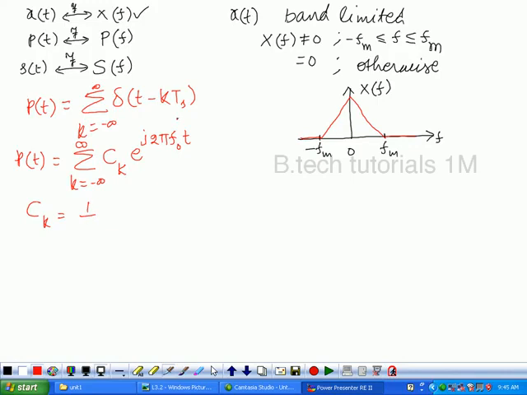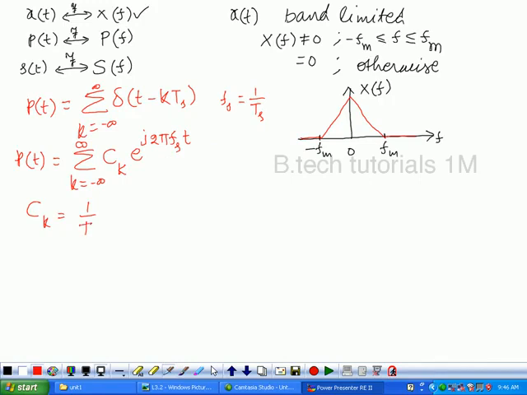What is T naught here? So instead of writing f naught, can I write fs? Why? Because fs is equivalent to 1 by Ts. Actually it is e power j omega s t. What is omega s? Omega s is 2 pi by Ts. So 2 pi by Ts can be written as 2 pi fs. That's what I have.